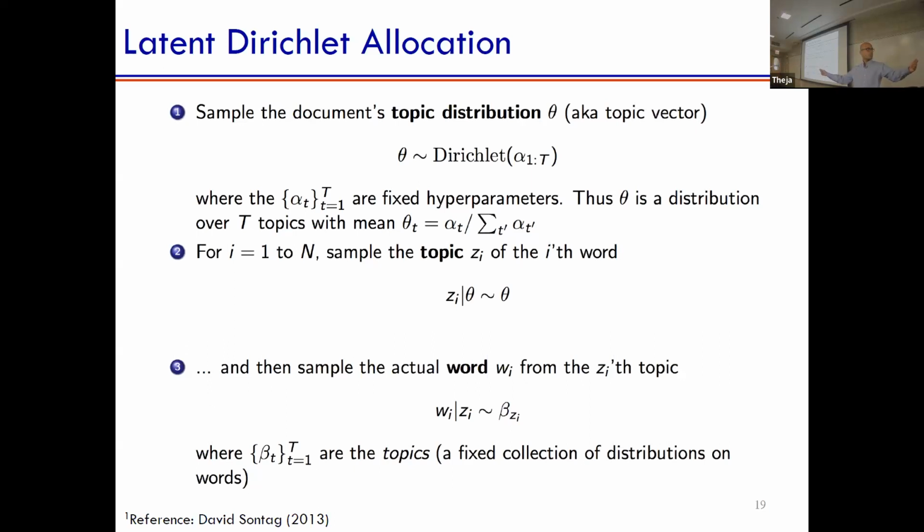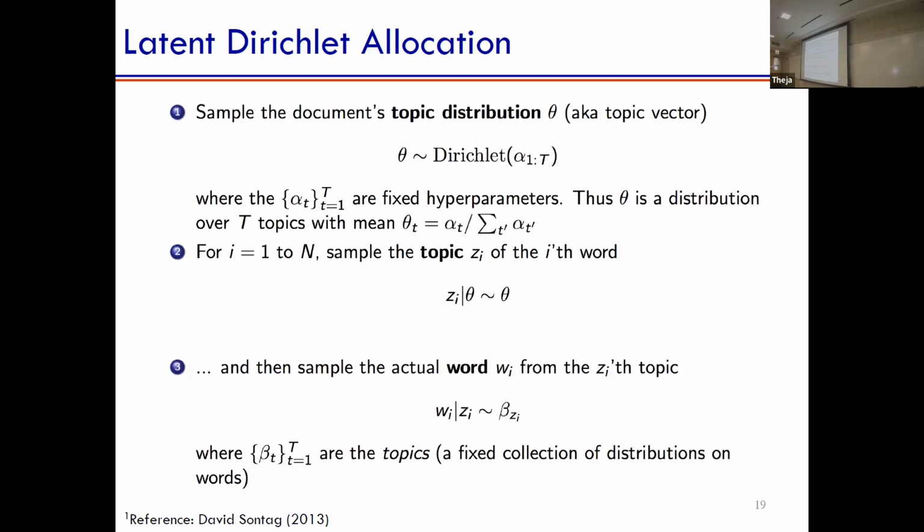The sports topic distribution just means probability weights on each of these 50,000 words, with higher weights on the sports words and lesser weights on the non-sports words. So if the first word is supposed to be sports, and you actually sample from it, more than likely you'll get a sports word. Obviously, with very low probability, you may get a common word, as I was saying. But more than likely you'll get a sports word.